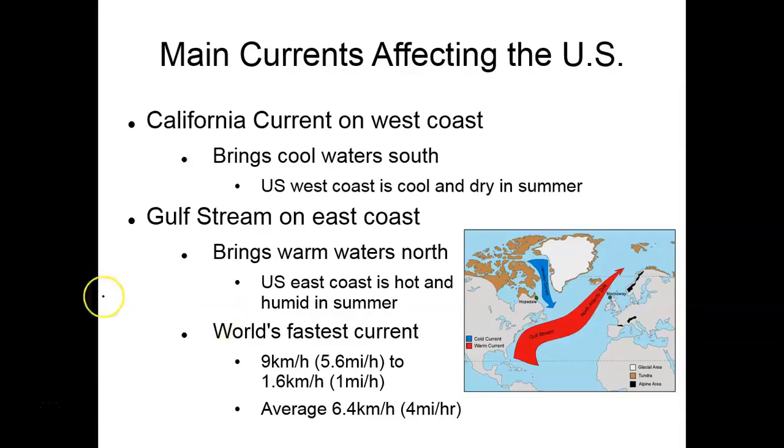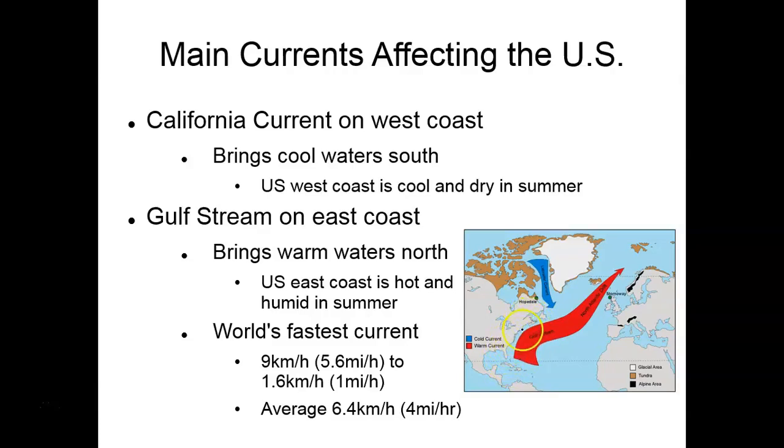On the East Coast, they have the Gulf Stream, which again is a western boundary current. So it is bringing warm waters from the tropics up to northern latitudes. And so because they have this very warm body of water on the East Coast of the United States, that causes a lot of evaporation and a lot of humidity and warmth of the air.